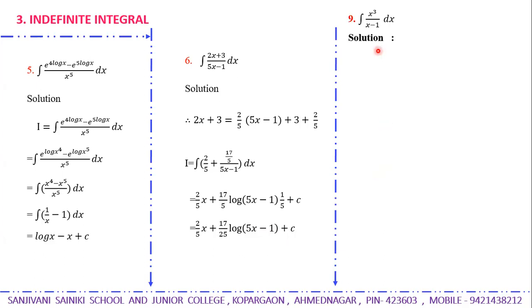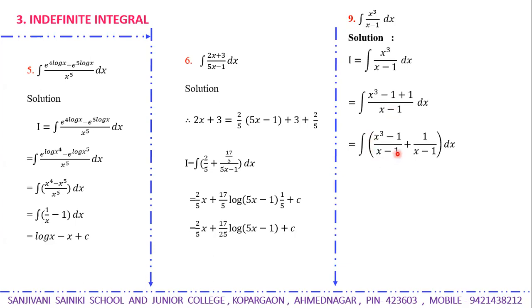Now the next example is x cube upon x minus 1. So I is equal to the integral of x cube upon x minus 1. What we will do? We will add and subtract 1 in the numerator. So I will get x cube minus 1, considering it as x cube minus 1 cube. Then divide separately.